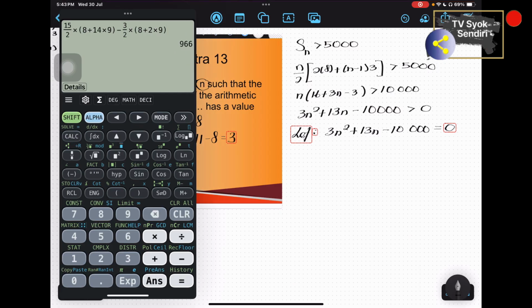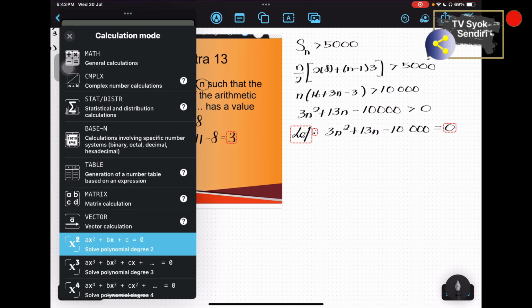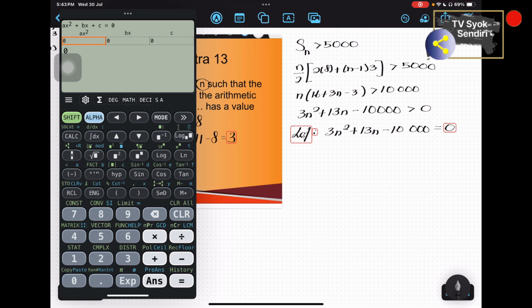Next, what we're going to do. Okay, just want to double check my answer. So now I have 3, 13, 10,000. Whoa, it's a decimal, right? So when it's a decimal, you have no other option.